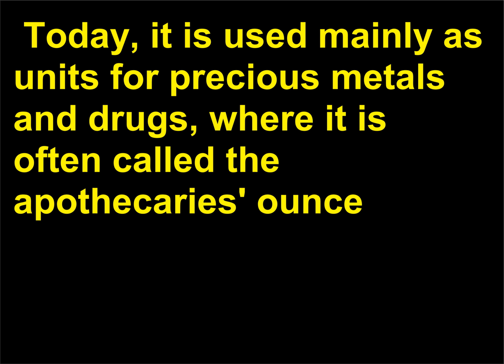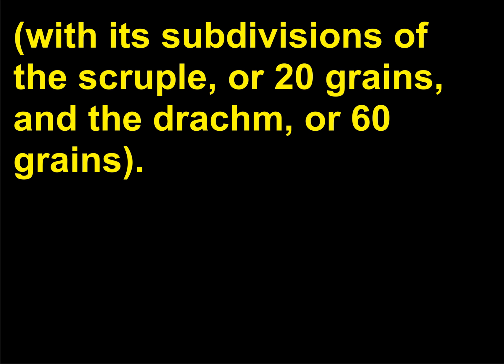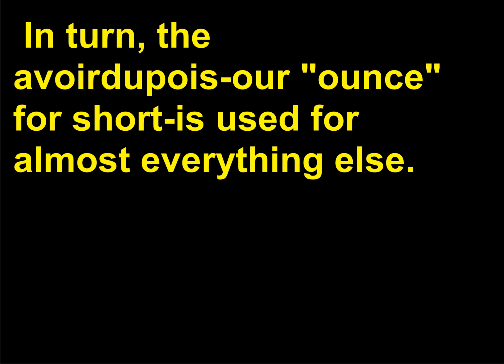Today, it is used mainly as units for precious metals and drugs, where it is often called the apothecary's ounce, with its subdivisions of the scruple, or 20 grains, and the dram, or 60 grains. In turn, the avoirdupois ounce is used for almost everything else.